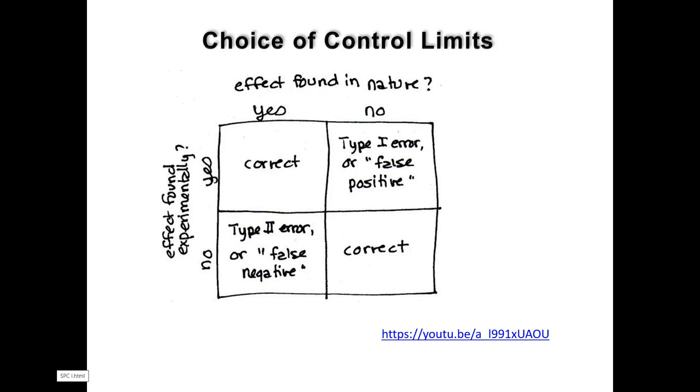So the decision whether to accept or to reject the null hypothesis depends on two things. Number one, the sample that we use from our study. This sample will help us compute our test statistic.